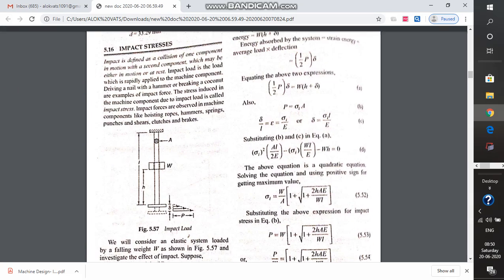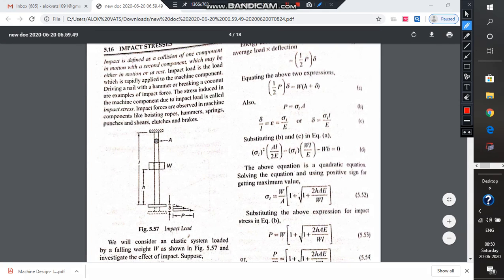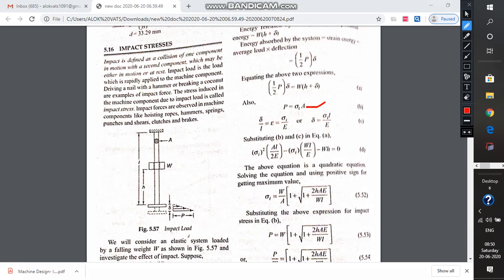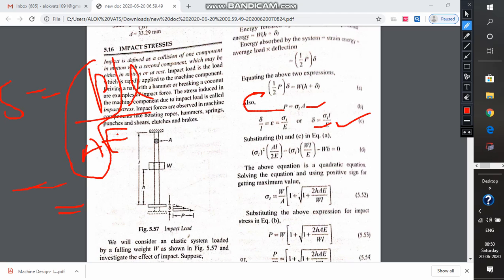That is why, when we take this area to that side, sigma I into area will be equal to P. Now we are going to use these two equations, substituting them in the above equation, and also equation number C. What is delta? Delta is PL by AE, and P by area is sigma I, so sigma I L by E equals delta.